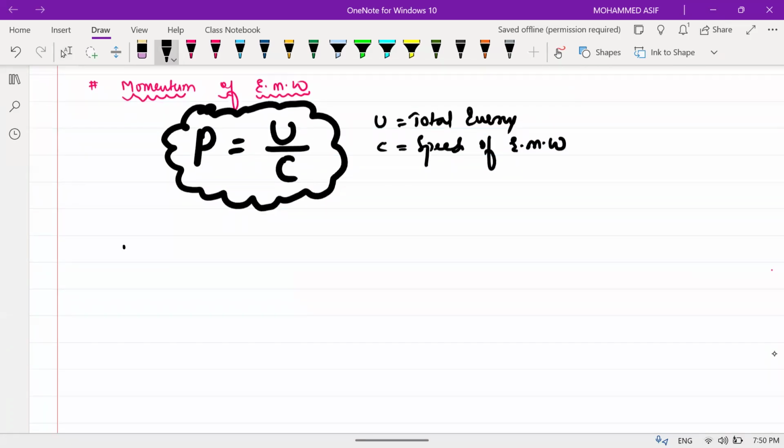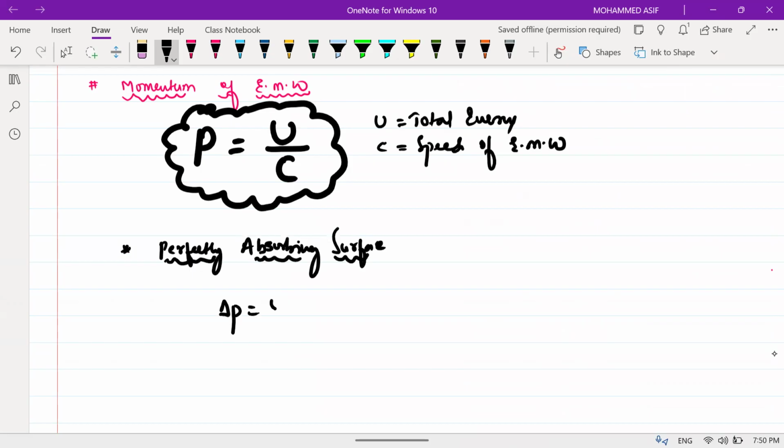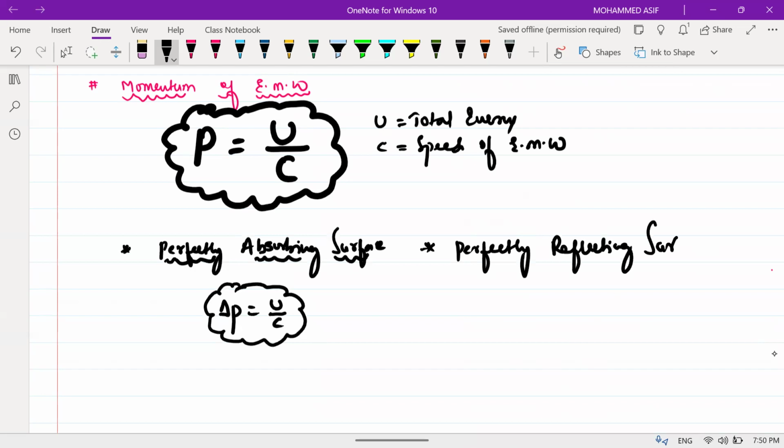If I'm talking about a perfectly absorbing surface, when light is incident on it and totally absorbed, the change in momentum is always equal to U divided by C. In the same way, for a perfectly reflecting surface like a mirror, when a ray of light is incident on it, it will reflect back.